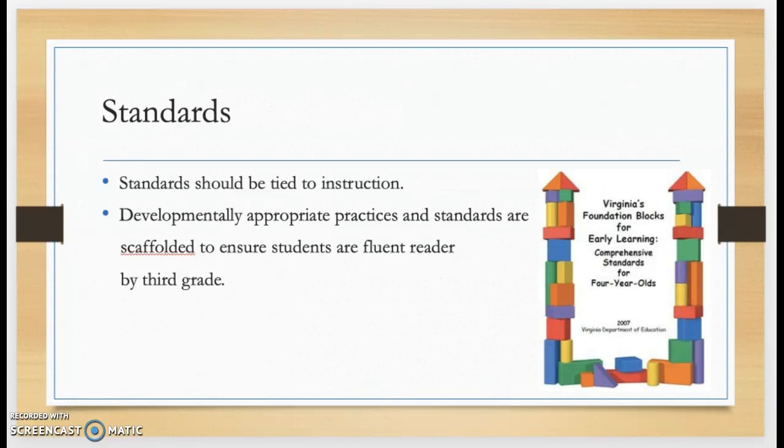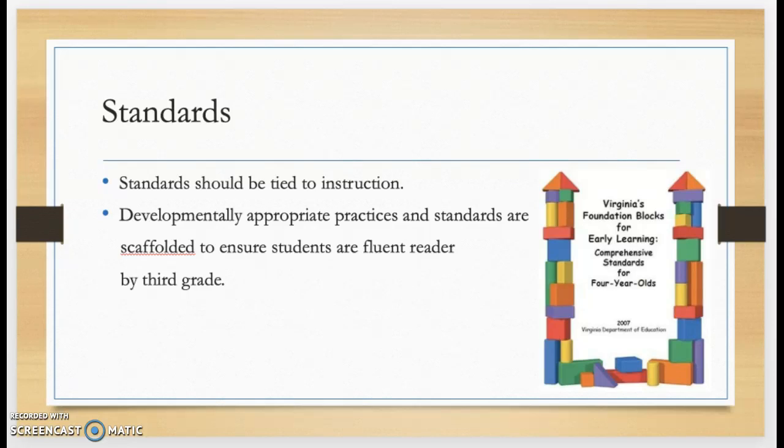We also need to refer to standards. What are the standards that we're using to develop literacy in our young children? In preschool, in Virginia, we use the Virginia Foundation Blocks for Early Learning. We use them for our 4-year-olds. For 3-year-olds, sometimes we look at the foundation blocks, but they are set for 4-year-olds.